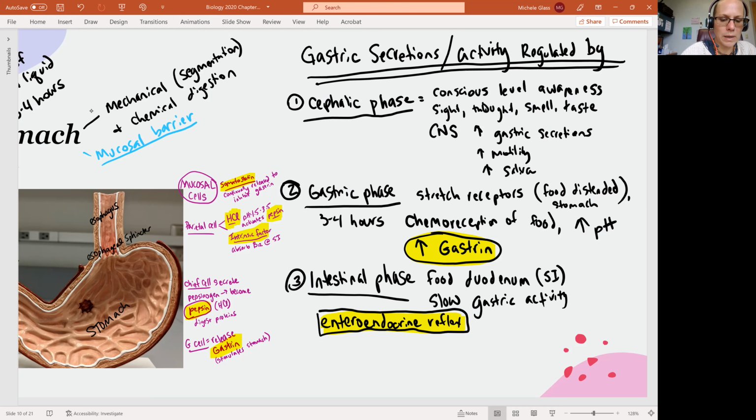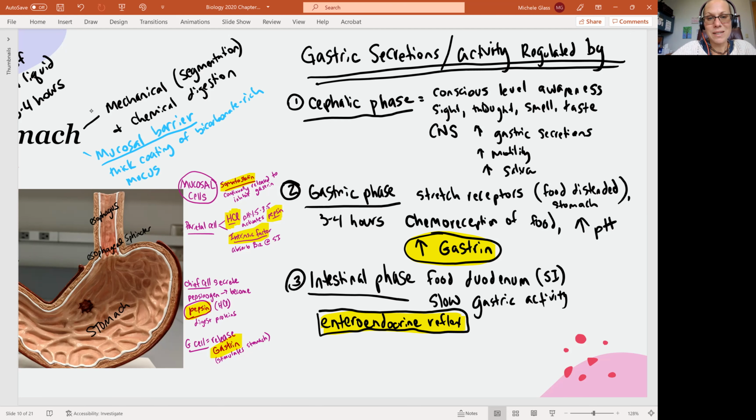And the mucosal barrier is going to be a thick coating of bicarbonate rich mucus that's covering the top of these cells. Remember, we talked about bicarbonate ion when we talked about transporting carbon dioxide gas, and we said it was a super important buffer in body fluids. So here we're seeing it in action.